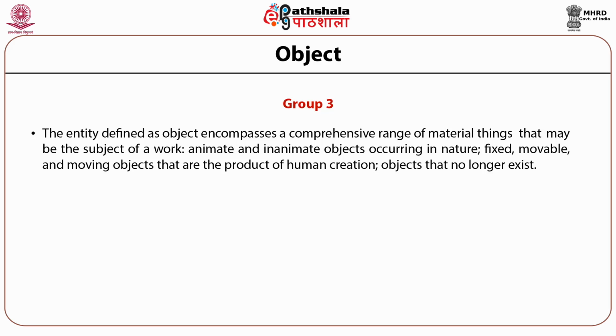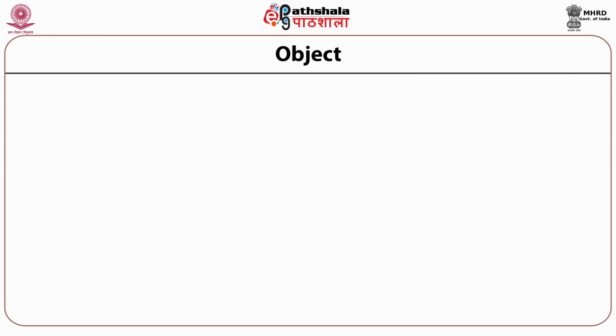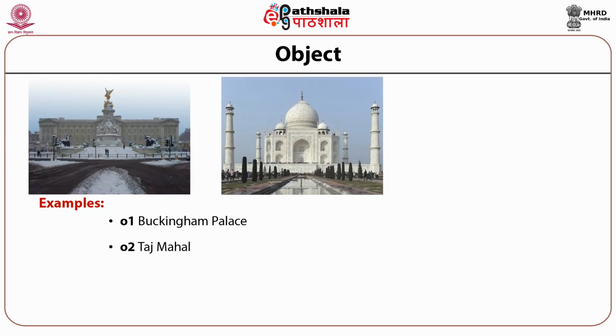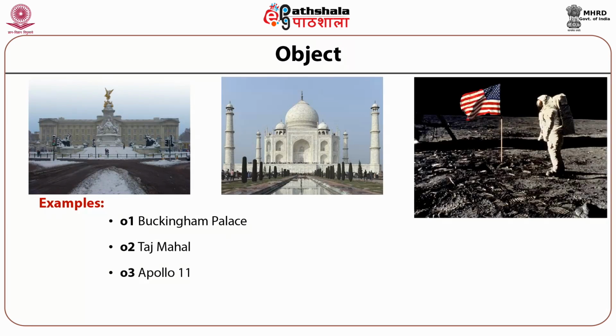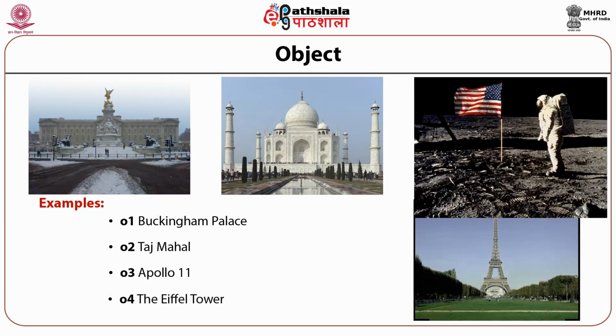Objects occurring in nature, whether fixed, movable, or moving, and objects that are the product of human creation. Objects that no longer exist also count. Very famous examples are Buckingham Palace, Taj Mahal, Apollo 11, the Eiffel Tower.